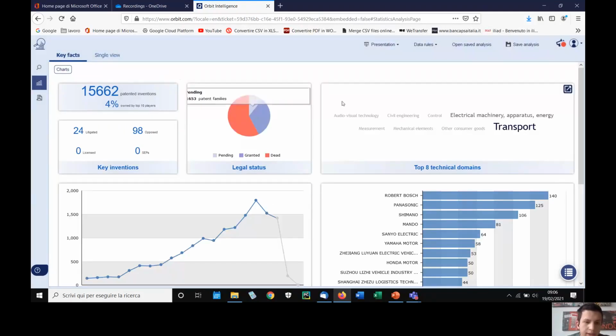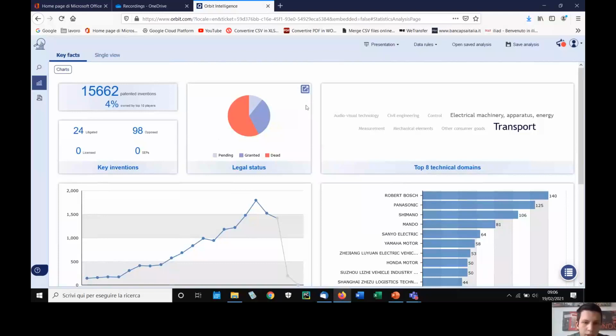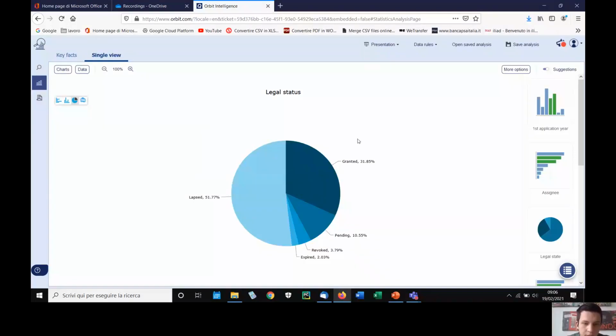You can see the dashboard, a merge of all the charts. I can select only one chart. For example, this is the status of the entire pool, the number of granted, lapsed, pending patents.